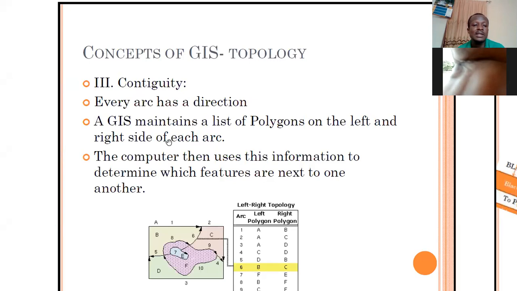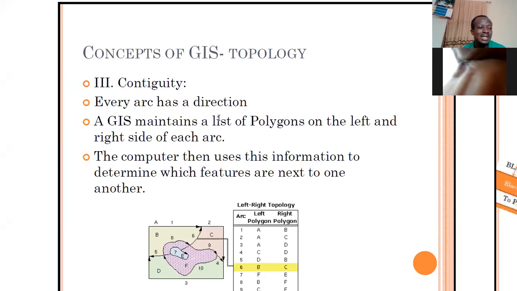Contiguity says that every arc has a direction. Anytime we go to bed and the lights go off and we wake up, we just want to find out where the switch is, so we start tapping the bed. The computer has learned from this.